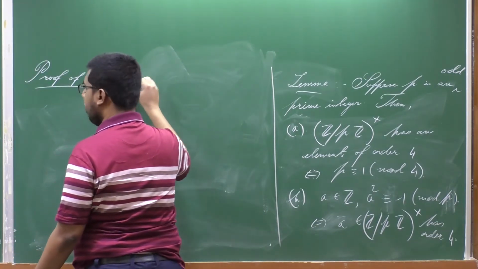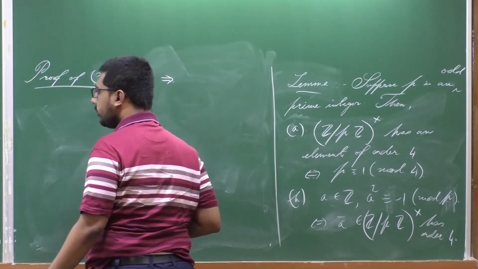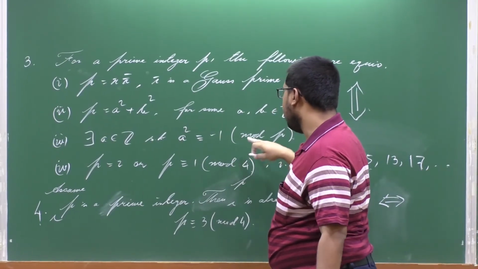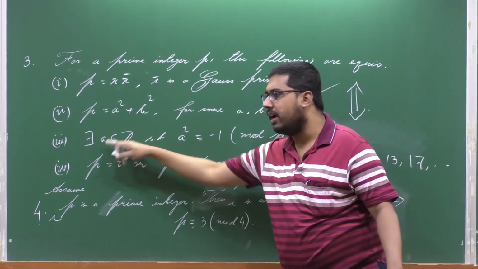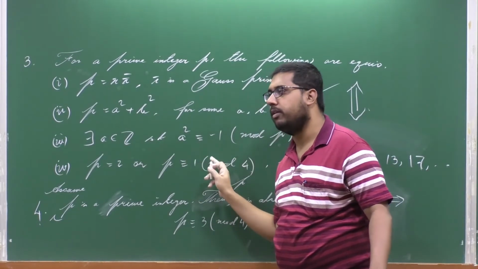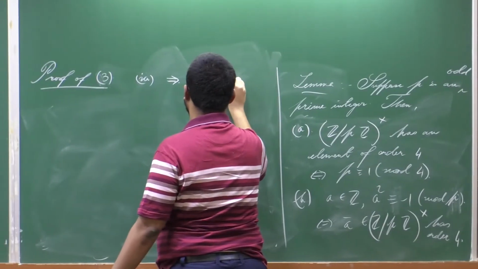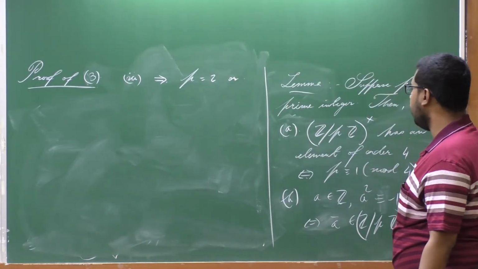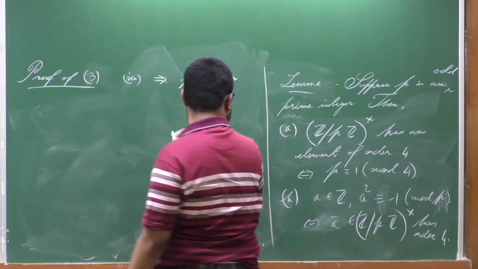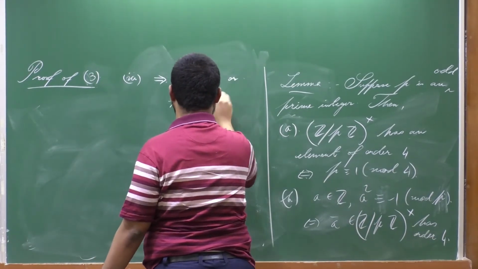So let me do it very clearly. If this happens, then of course when P is 2, 1 is a root of this congruence relation. So if 3 happens, that enforces either P is 2 or this lemma directly applies here, and that settles that P has to be congruent to 1 modulo 4.